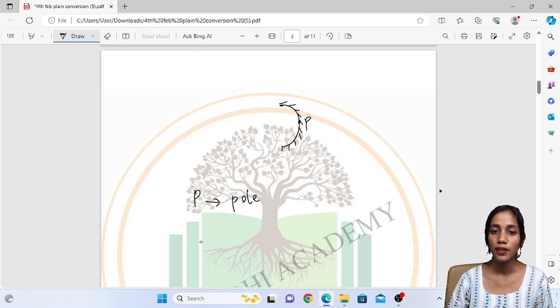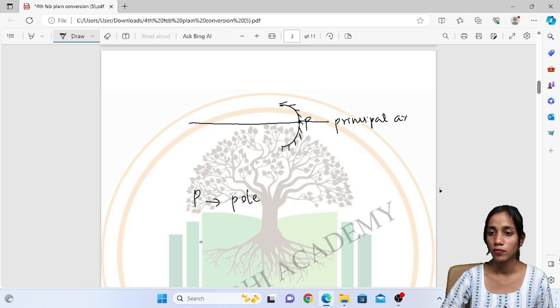Then there is a straight imaginary line passing through the pole. It is called the principal axis.